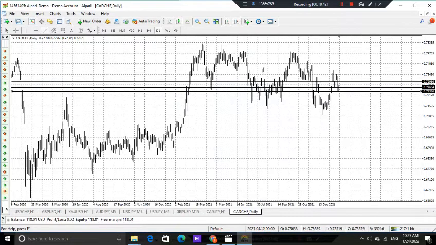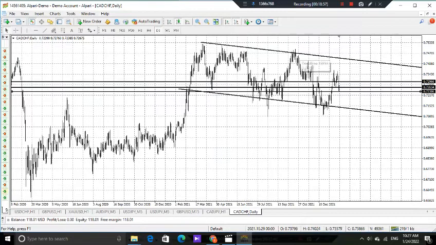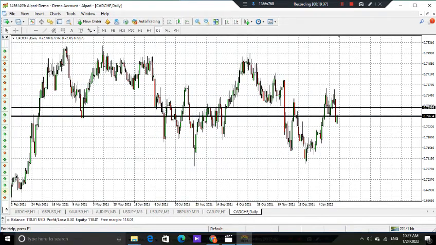If you draw a trend line for it, it's kind of bear trend, bear channel, and if you take short position, it's more likely and probable to hit the target.